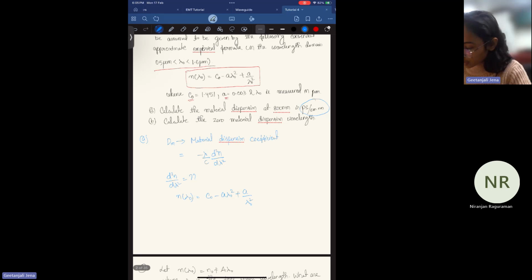If you take the first derivative, dn over d lambda_0 is minus 2A lambda_0 minus 2A over lambda_0 cube.